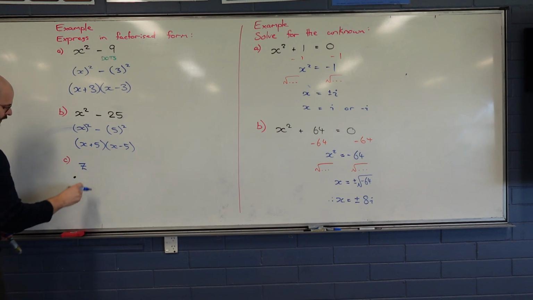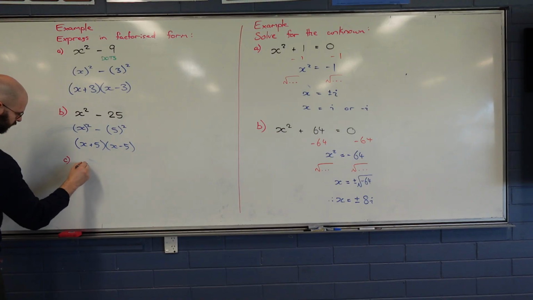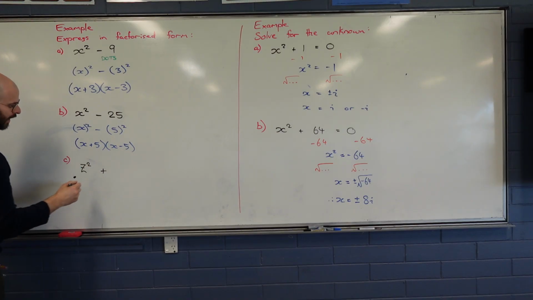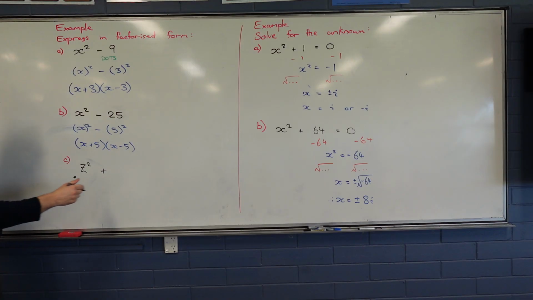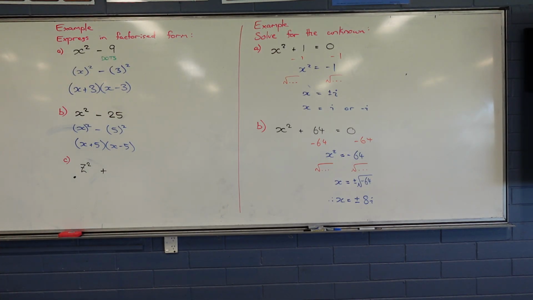We're going to use Z. We're going to go plus, and then finally, we're going to pick Akifa's favorite square number.